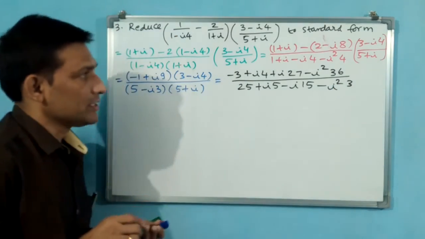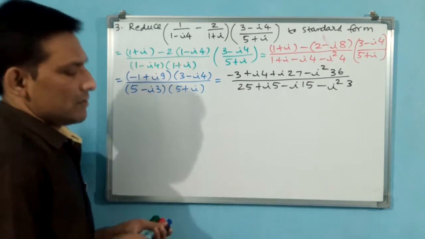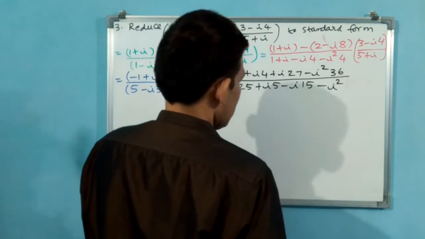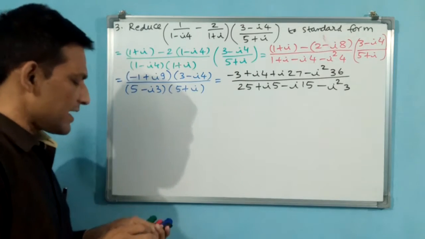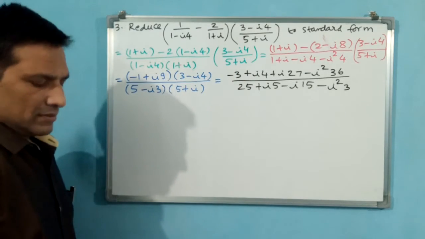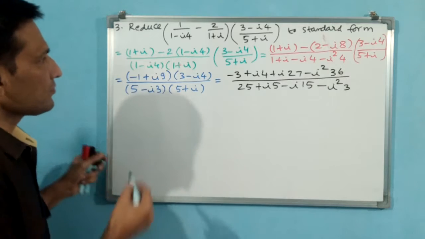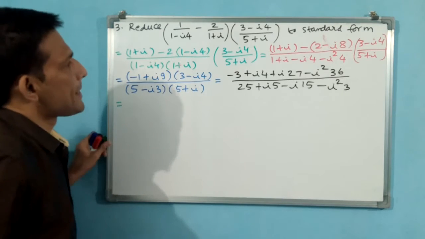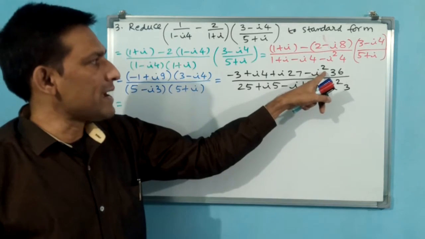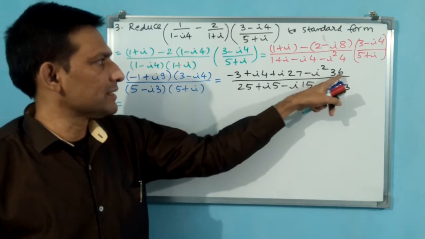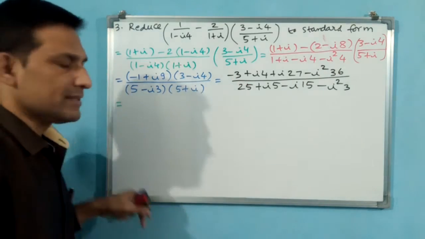Okay, I'll write this at the bottom. I square 3. Or 3I square also you can write. See, I square value is minus 1, minus minus plus, 36 minus 3, 33.